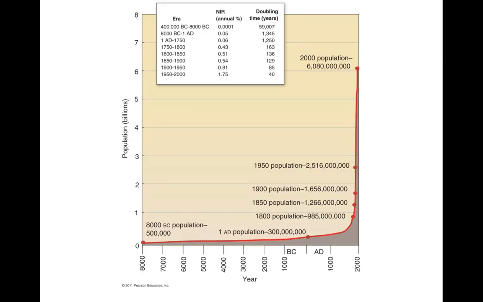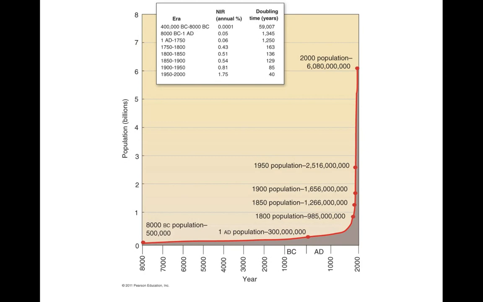This graph shows the rapid population increase that the world saw after the year 1950. Here you can see that Earth's population remained fairly small, below 1 billion people for thousands of years.